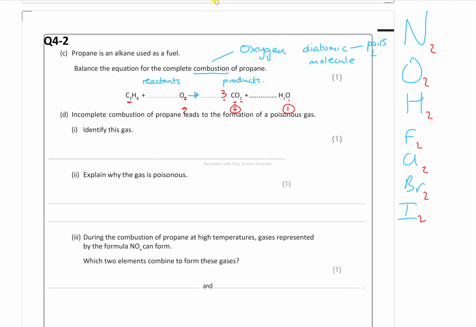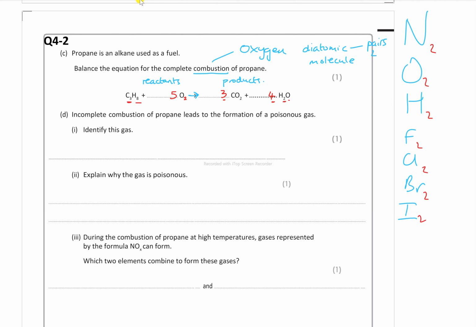What if I did 10? 6 and 4. So now I've got 10 oxygens and I can easily balance that out. That's 5. And that's it, balanced out. Because I've got 8 hydrogens: 2 hydrogens here times 4, which is 8. I hope that's not too confusing.